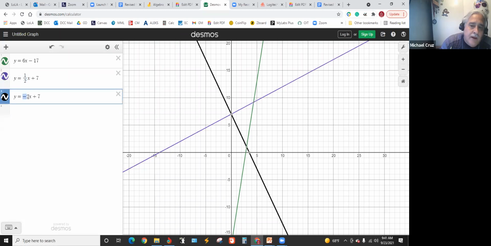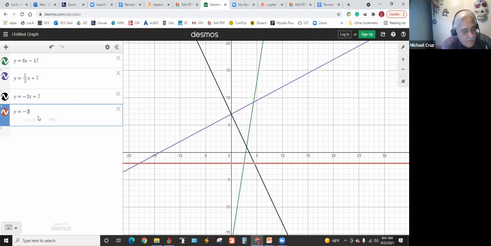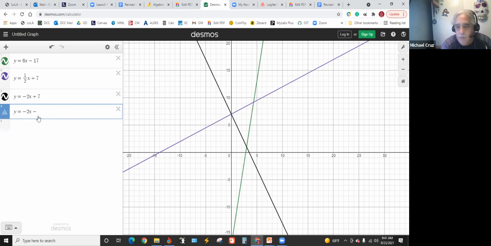So 1/2 and -2 are reciprocal slopes. Slope lines that have opposite sign reciprocals are perpendicular to one another. And also, let's just say we had another one with the same slope. Parallel lines have the same slope. Okay.